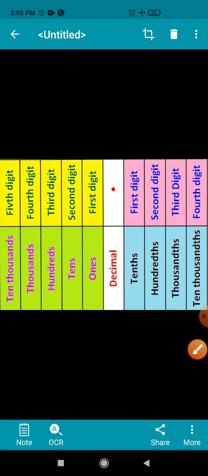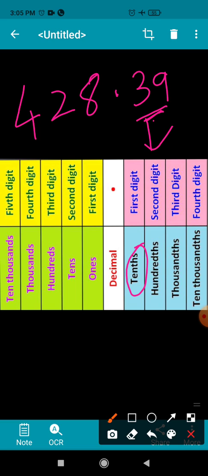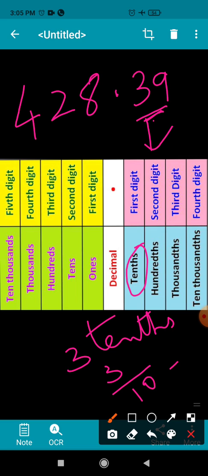For example, if 428.39, and what is the place value of this 3? This is a place just after the decimal, and the name of this place is tenths. So the place value of this 3 will be 3/10, or you can write it as 0.3.